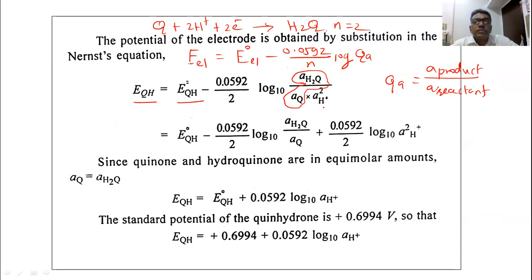We can separate the term now. Taking this denominator to the numerator, the sign will change, so positive sign, 0.0592 divided by 2 log to the base 10 of the activity of the hydrogen ion squared. This goes to the numerator here, and we separate the term here.